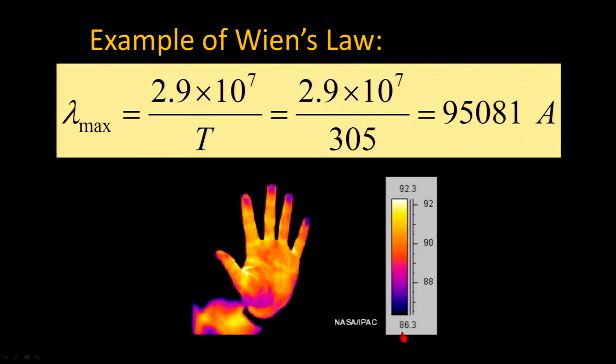So this camera cannot measure any light that is associated with a temperature lower than 86.3 or anything higher than 92.3. So if the object has a temperature that is lower or higher than this range, it will associate a color that goes with that temperature based on Wien's law. So the idea is, it can detect the light that it is getting into the camera and then attach a temperature to it, so that it tells us the temperature based on color.